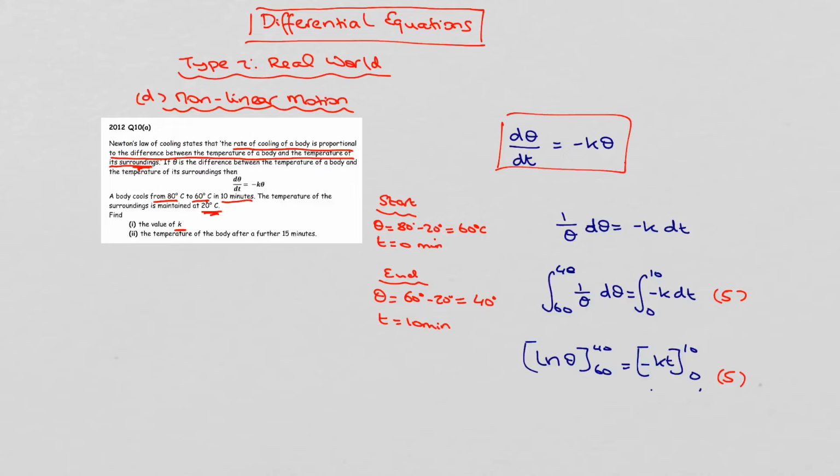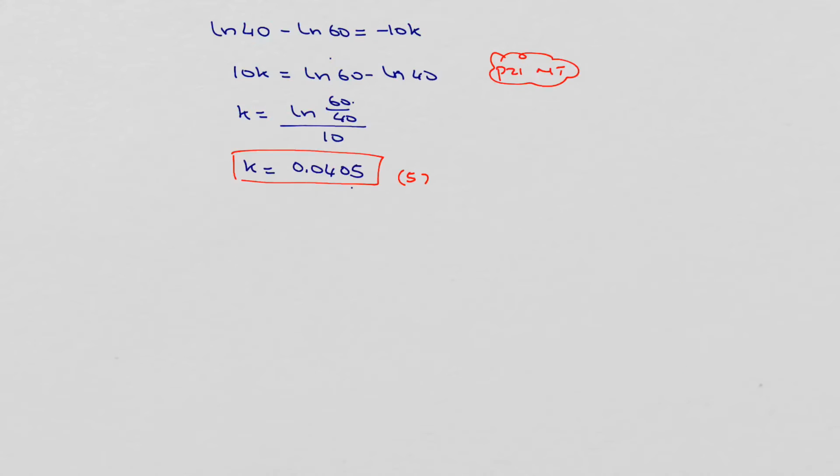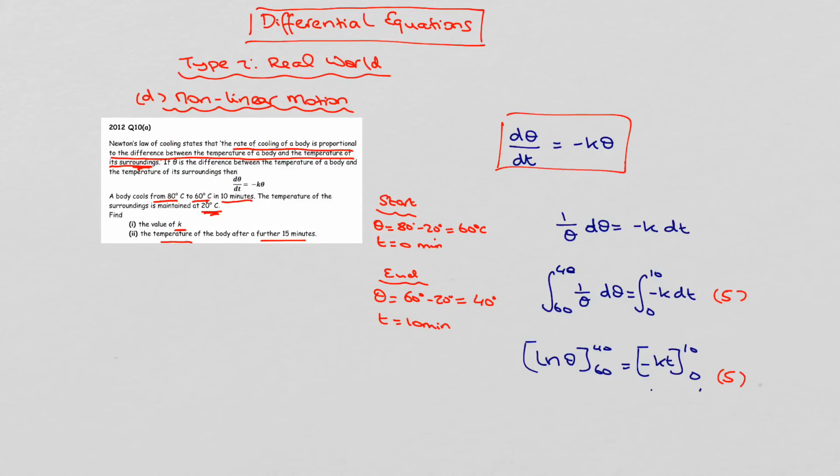So part 2 then says find the temperature of the body after a further 15 minutes. So let's see what we have here then at the start and at the end. So at the start, our temperature is maintained, as we saw there. It's a further 15 minutes. So therefore it ended at 40 degrees. So that means it's now taking it from that point on, which is 40 degrees.